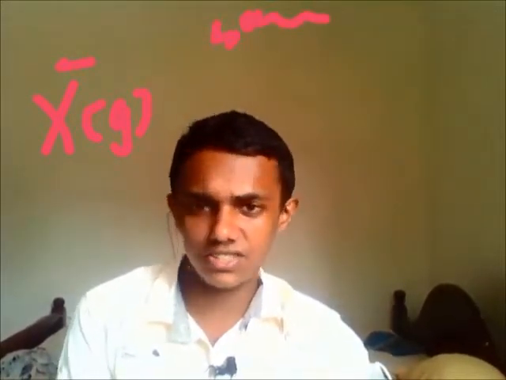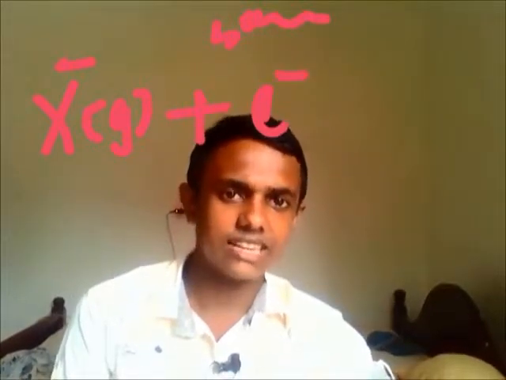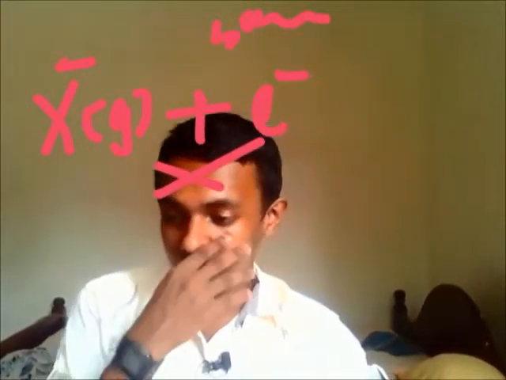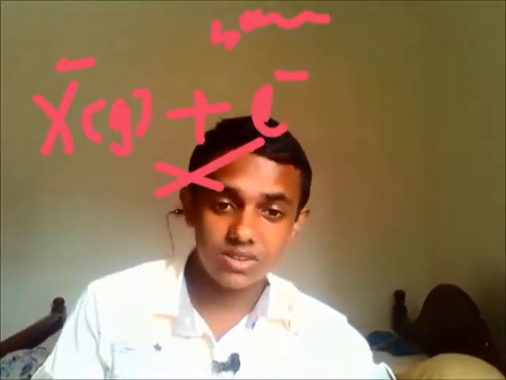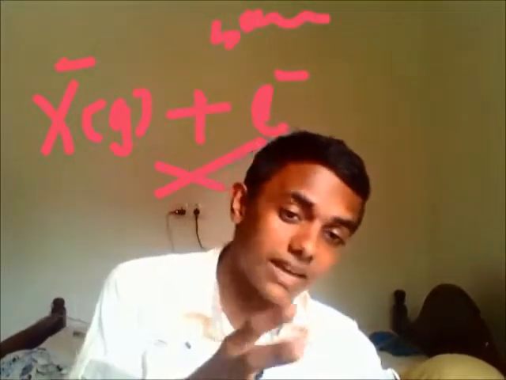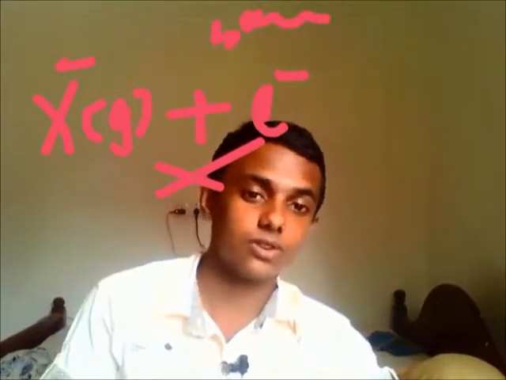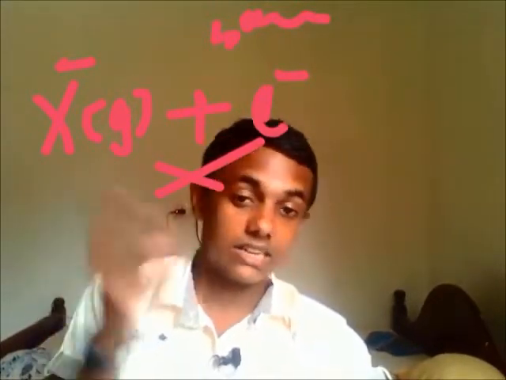Let's take X minus as the gaseous ion, which is going to gain a negatively charged electron. There's a repulsion between these two, so we should supply energy. That means the enthalpy change is positive, so it's an endothermic reaction.